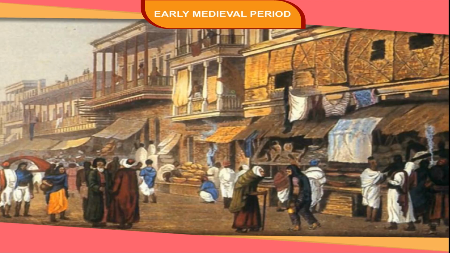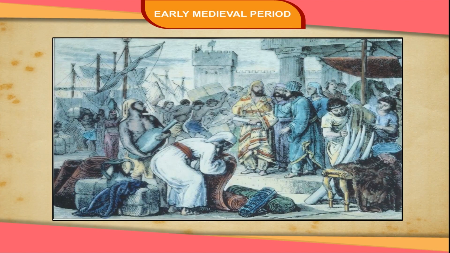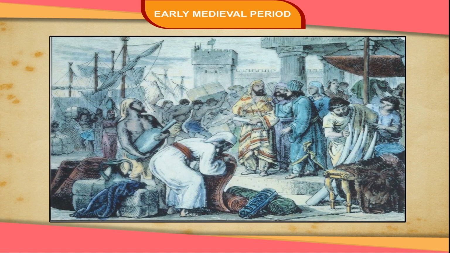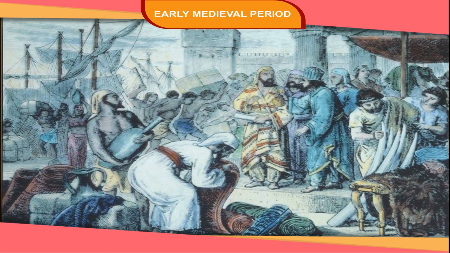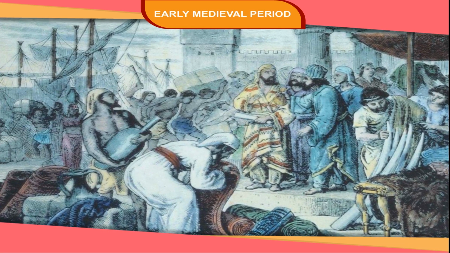Taxes on land, trade, and crafts were the main sources of revenue of the medieval rulers. This revenue met the expenses of royal households, wars, administration, and the construction of amenities for public welfare. The burden of taxation fell heavily on peasants, small artisans, and craftsmen.